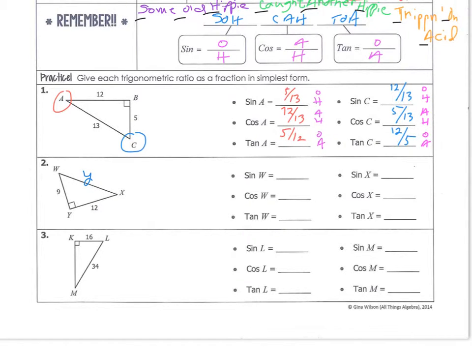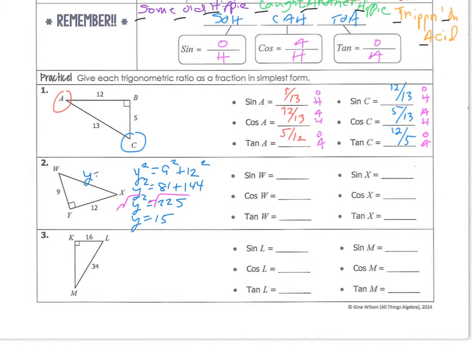So we have y squared equals 9 squared plus 12 squared. So y squared equals 81 plus 144. Y squared equals 225. How do you solve for y? Square root of both sides. 15. Y is equal to 15.